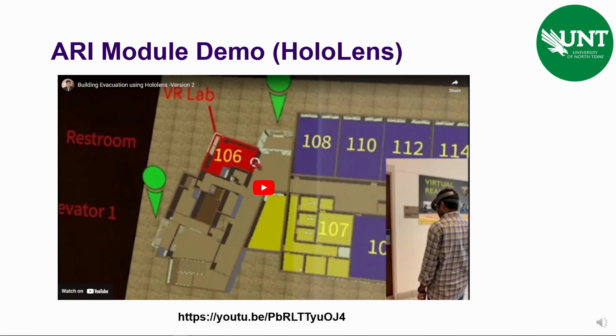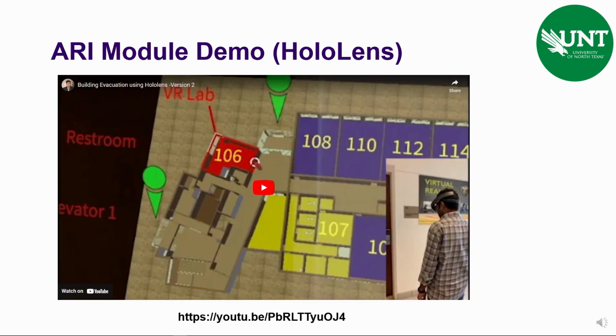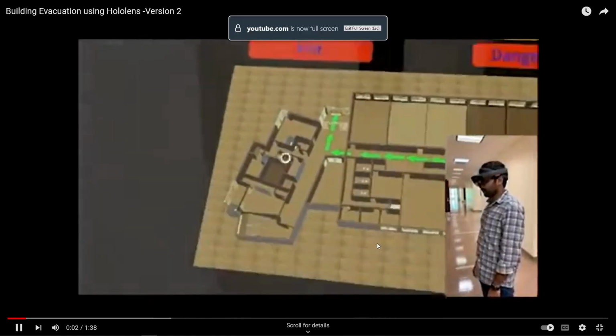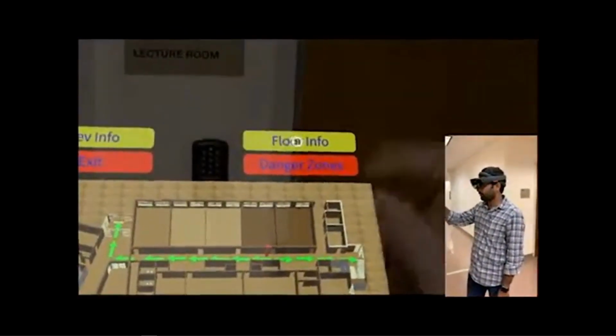So again, the good point is that once you develop the environment in Unity, you could easily take it to different platforms. You can take it to the mobile platform as well as HoloLens. So again, this is using HoloLens.